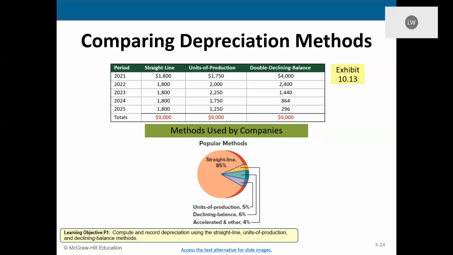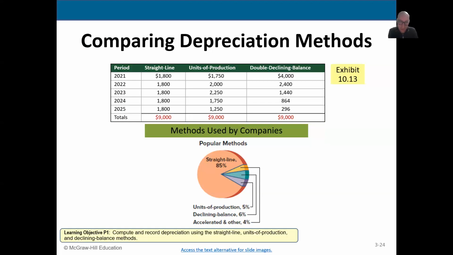So let's take a look at all 3 methods side by side. The first one was the straight line method. Every year we depreciated $1,800 for our $10,000 asset, right? For units of production, it was based off of the number of units being produced in each year. So it's kind of a little all over the place.